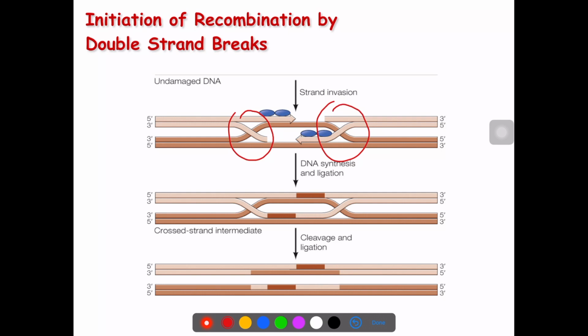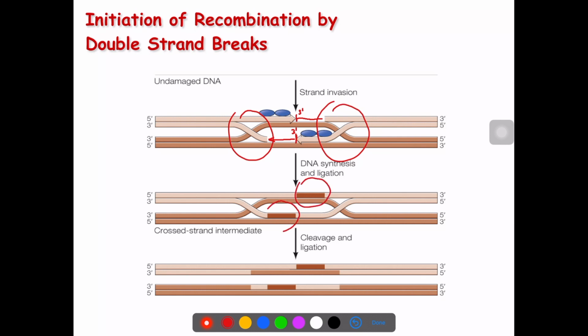Okay, so continuing. Once you have undergone strand invasion, now what you have is basically a free 3' hydroxyl group that acts as a primer, therefore allowing for DNA synthesis to take place. The same is happening here. You have a 3' end that can lead to DNA synthesis so that you fill in the gap, and that is what is represented here.